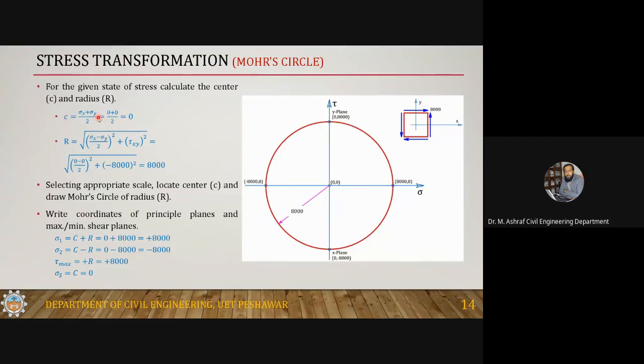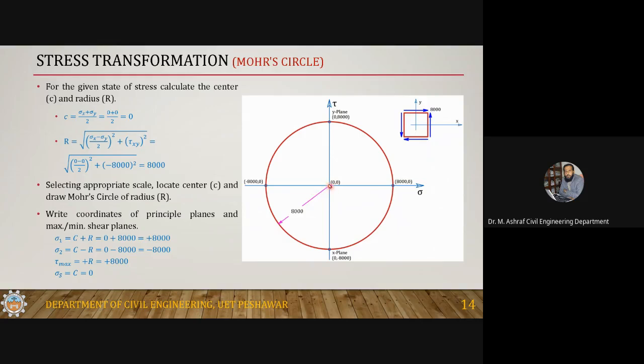So it means that the center of the circle coincides with the origin. In this case, this is the origin and this is also the center of the circle. And R is actually the tau maximum. Since this is the maximum shear stress, and the normal stresses are 0, R should be equal to 8000.